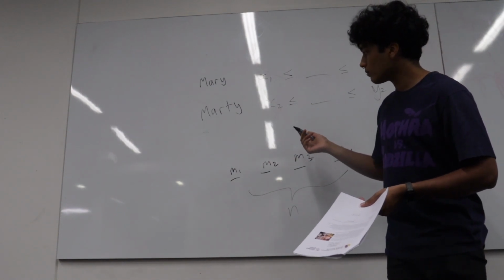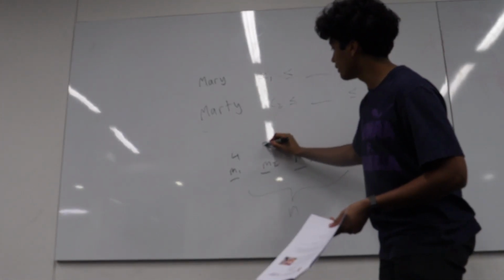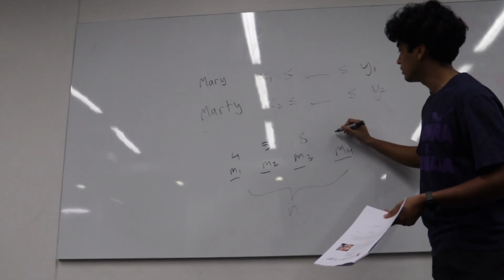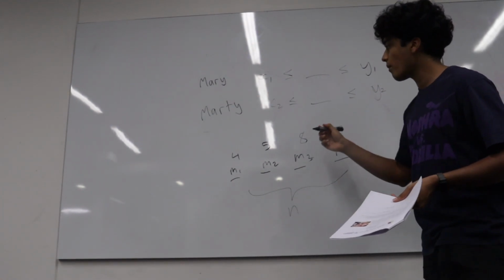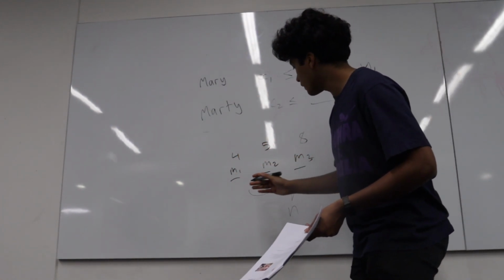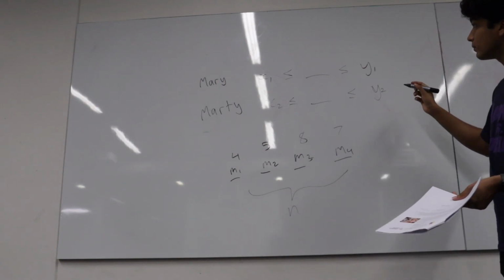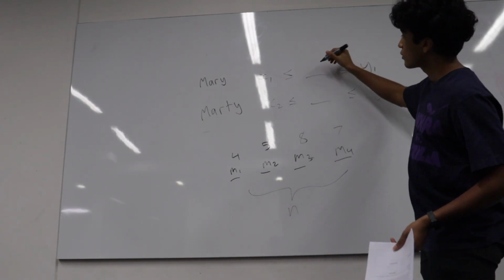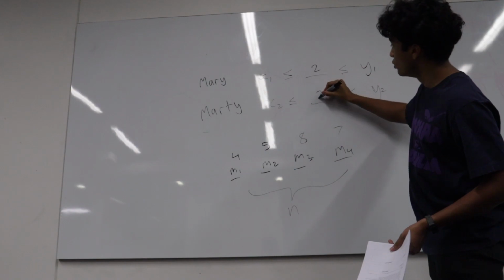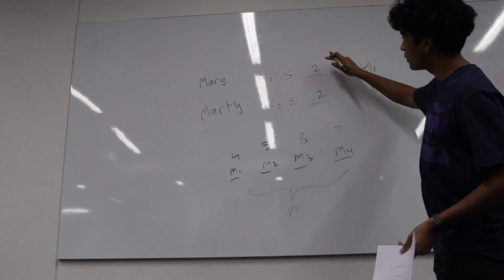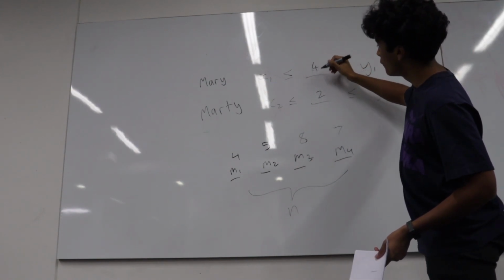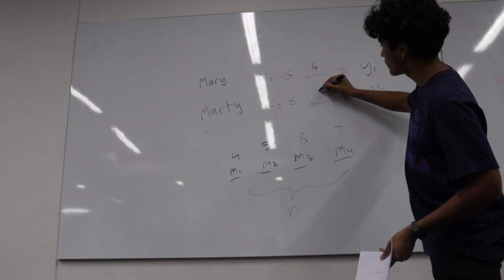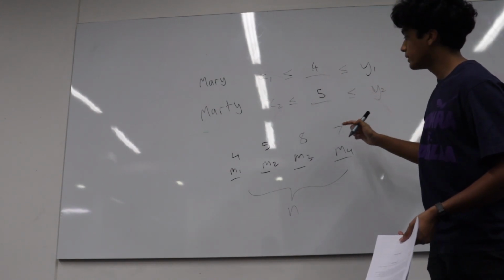So we have like 4, 5, 8, 7. So out of the first one, Mary will get 2, Marty will get 2. Out of the first 2, sorry, Mary will get 4, Marty will get 5.